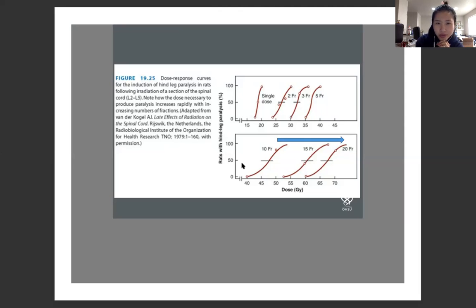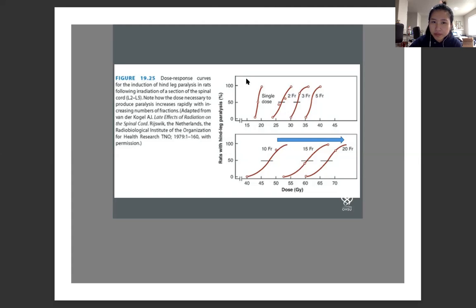Here, 19.25: dose response curves for the induction of hind leg paralysis in rats following irradiation of a section of the spinal cord from L2 to L5. Note how the dose necessary to produce paralysis increases rapidly with an increasing number of fractions, adapted from van der Kogel.